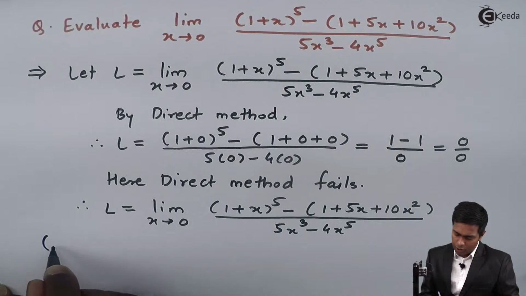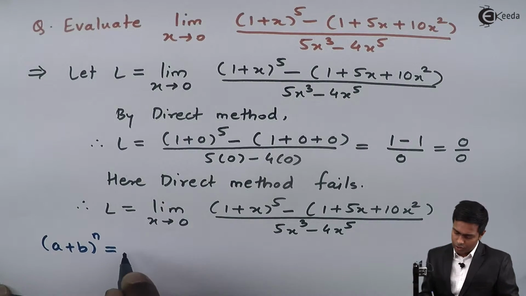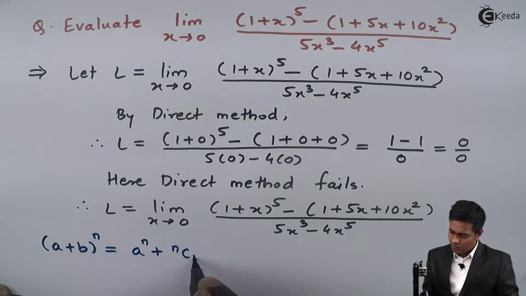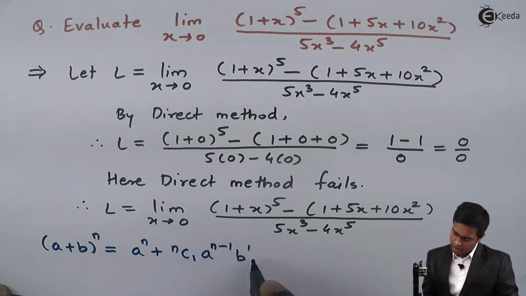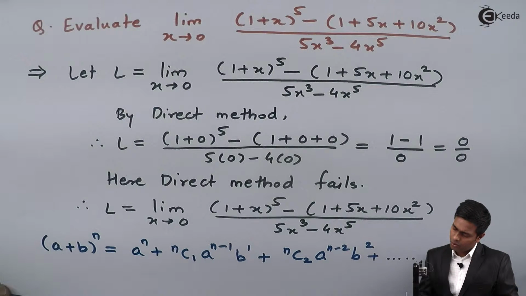The binomial theorem is (a plus b) raised to n is equal to a raised to n plus nC1 a raised to n minus 1 b raised to 1 plus nC2 a raised to n minus 2 b raised to 2, and so on it will go till b raised to n.